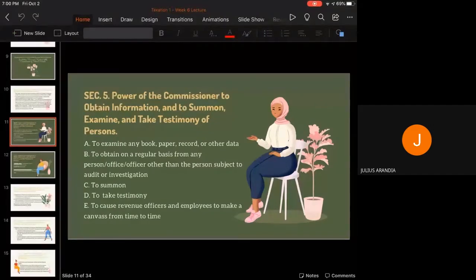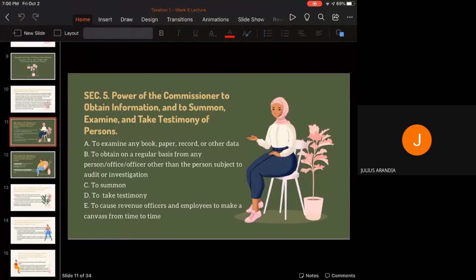Okay. So to examine any book, paper, record, or other data, so to obtain on a regular basis from any person, office, officer, other than the person subject to audit or investigation, to issue summons and to take testimony of these people where they can obtain the information, and to cause revenue officers and employees to make a canvass from time to time.